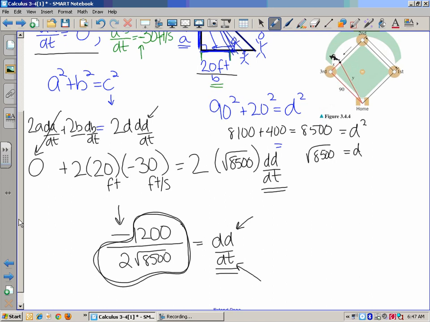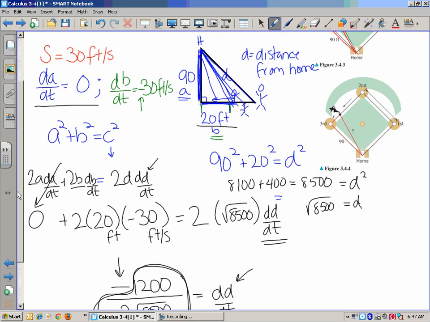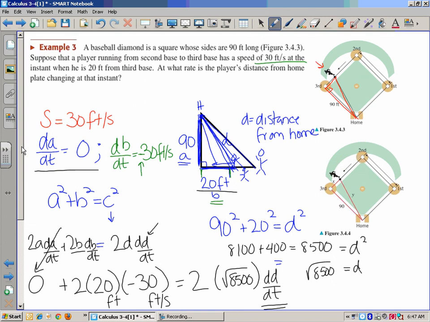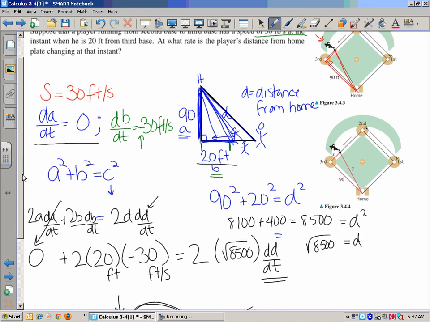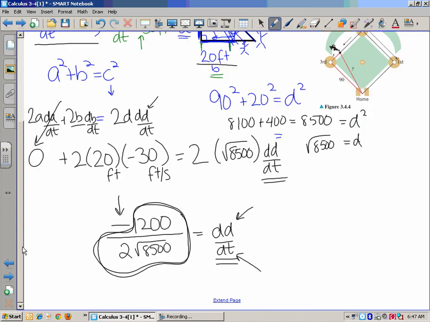And if you look at the picture, it should all say the same thing. These hypotenuses are decreasing, okay? So answering the question, at what rate is the player's distance from home plate changing at that instant? It's changing at 1200 divided by 2 root 8500 feet per second at that instant.